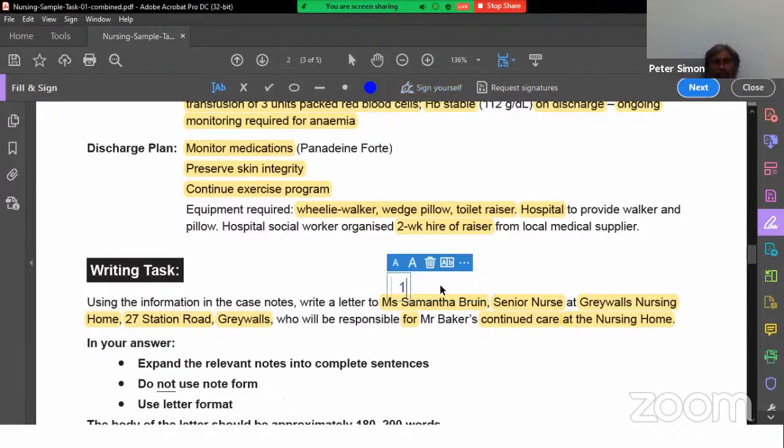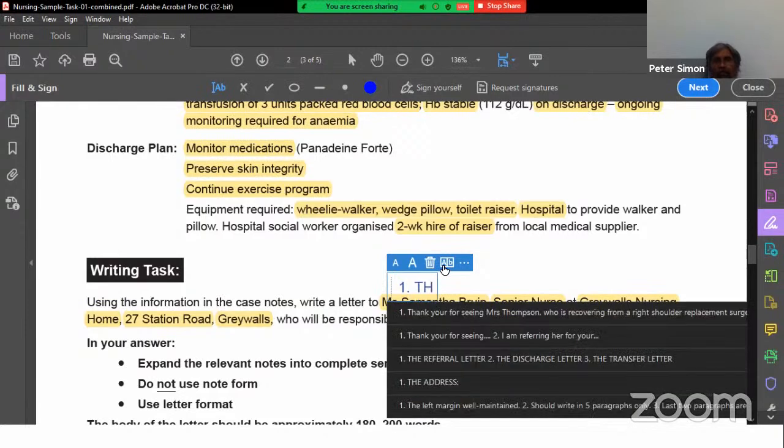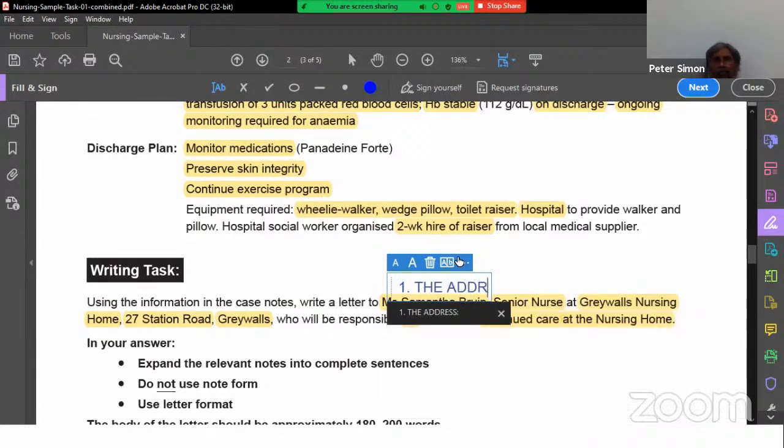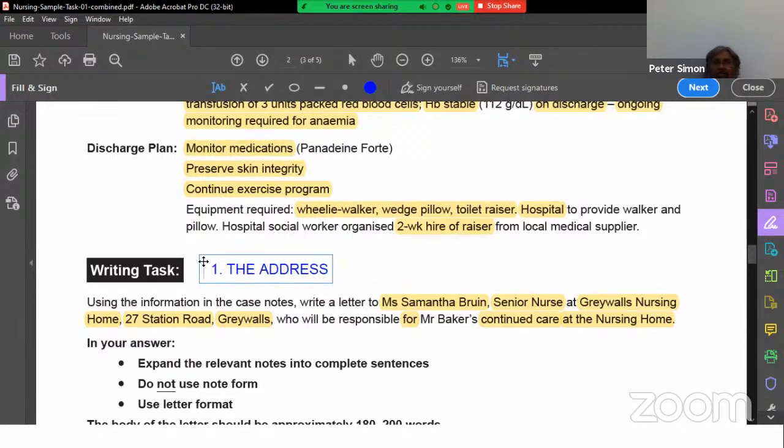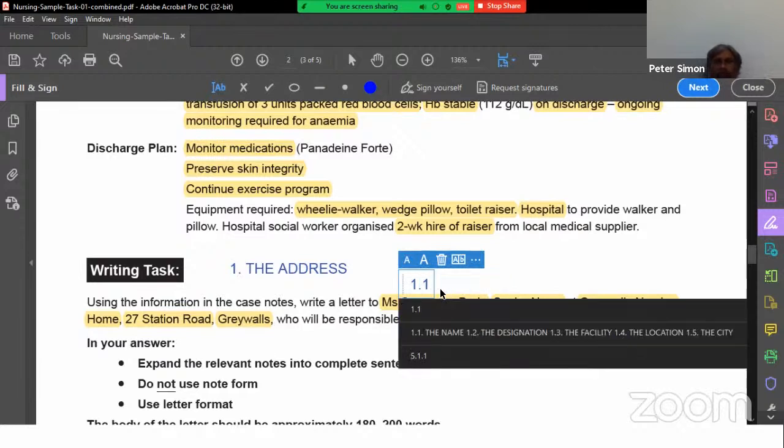This is 1, the address. Number 1, the address. So you'll get the address from here, from the writing task. So 1 is the address. So this is 1.1.